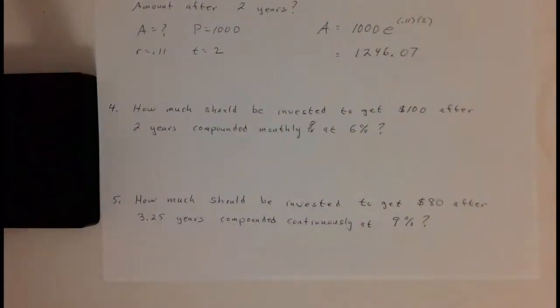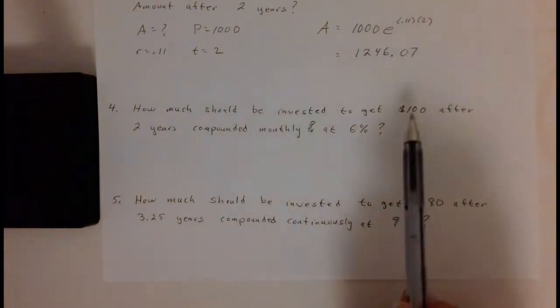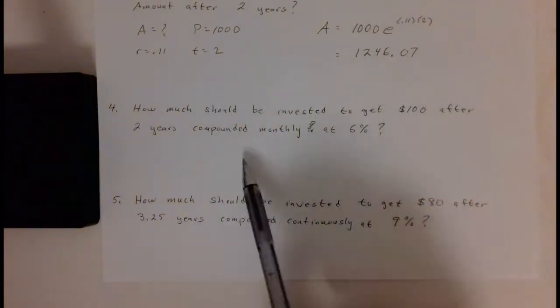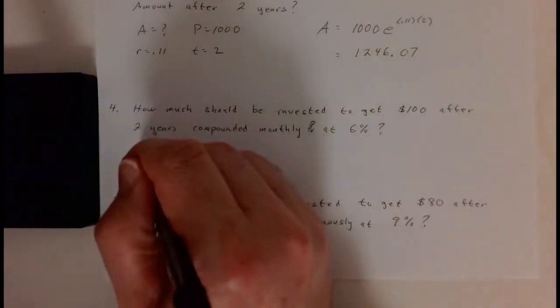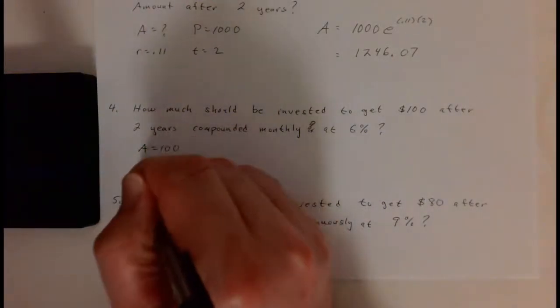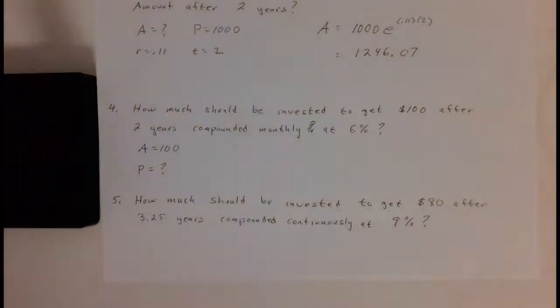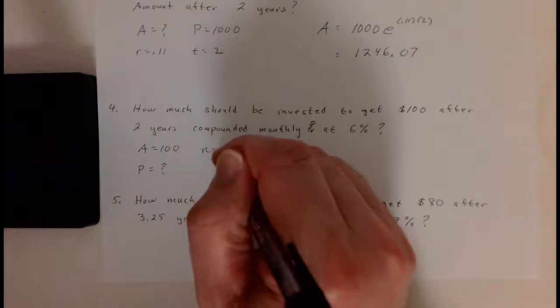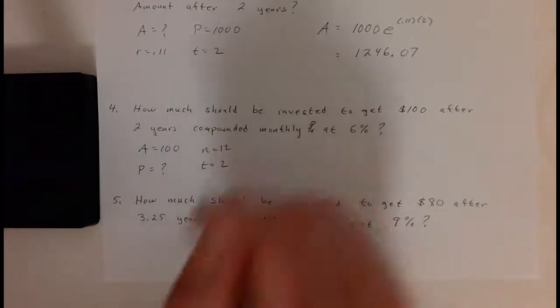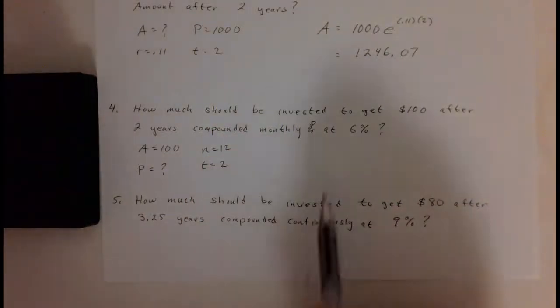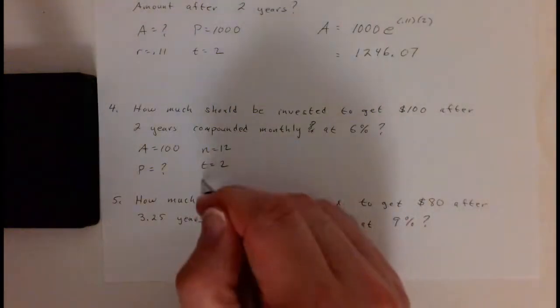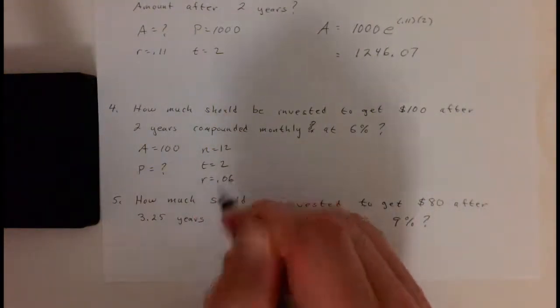Number 4. How much is to be invested? Right now they're asking you what's the principal, because the $100 is after 2 years. So your A is 100, and your principal is what they're asking for. We're compounding monthly, so N is 12. Our number of years is 2, and the interest rate is 6%, so R is 0.06.